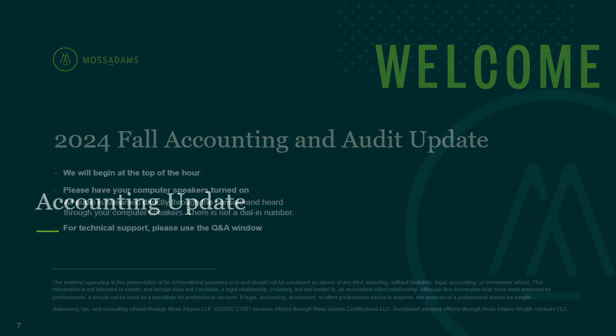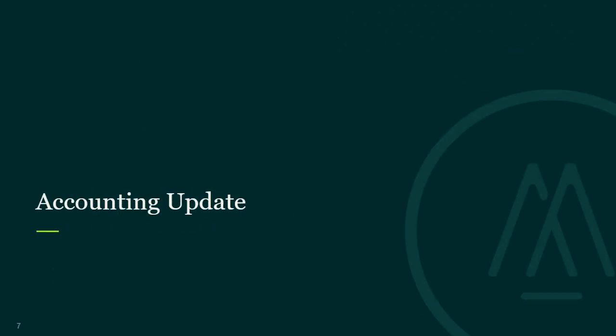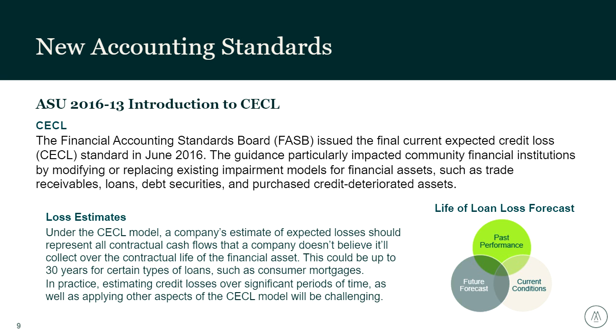So with this, the first item that we're going to discuss today is the current expected credit loss, also known as CECL. And this is one of the last new accounting standards effective for nonprofit organizations. It became effective for fiscal years beginning after December 15, 2022.